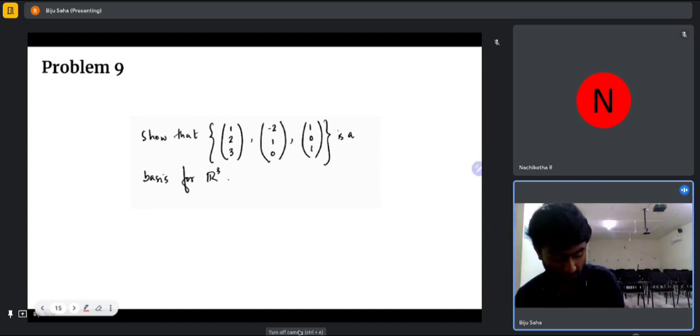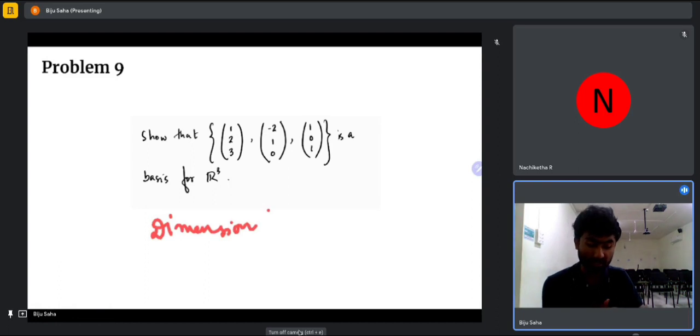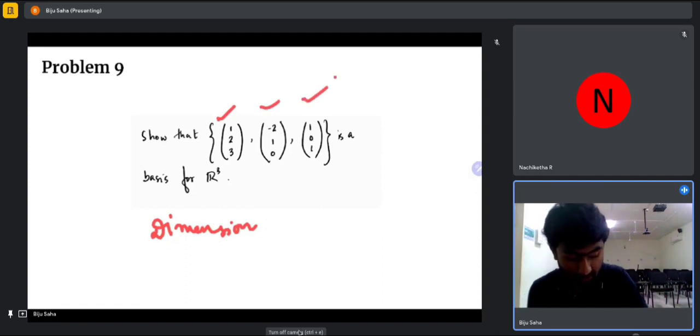And there is something called dimension. Dimension is the number of elements in the basis set. So here there are 3 elements that are linearly independent, and so the dimension of this vector space is 3.